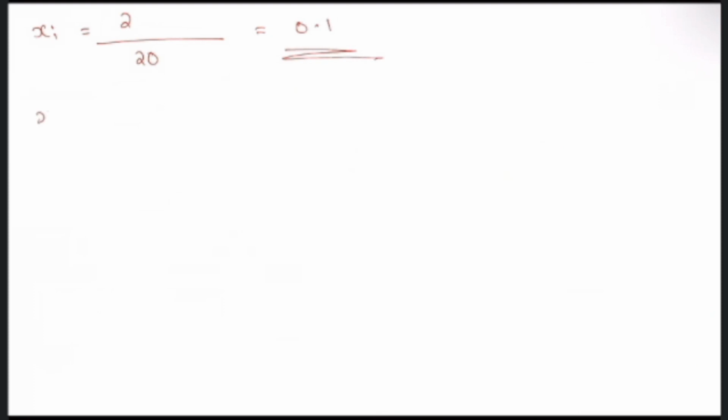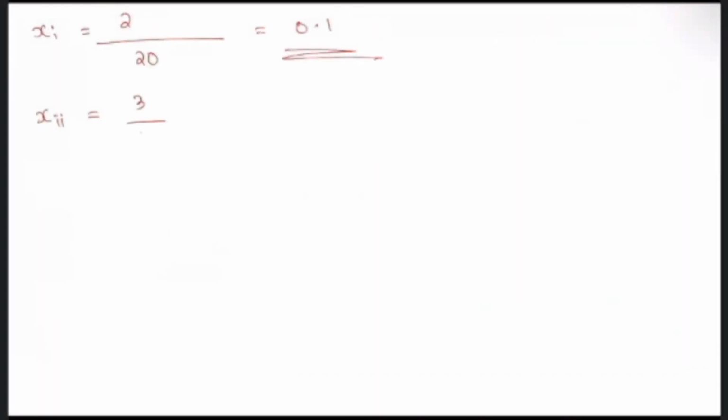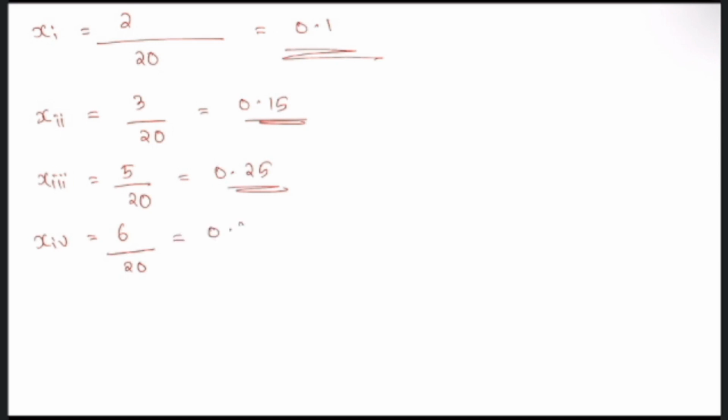Similarly, we can find the mass fractions in the different size ranges. x2 will be 3 by 20, that is 0.15. x3 will be 5 divided by 20, that is 0.25. x4 will be 6 divided by 20, that is 0.3. x5 will be 3 divided by 20, that is 0.15.